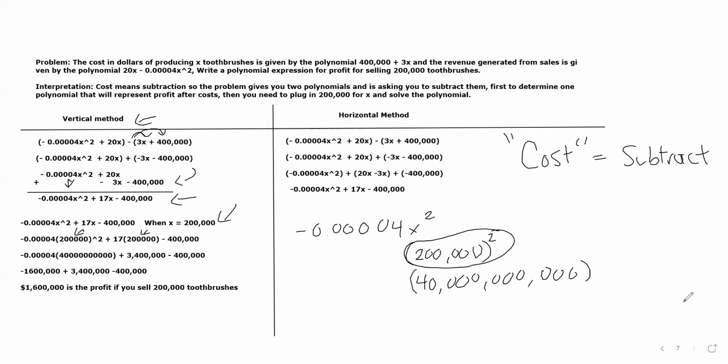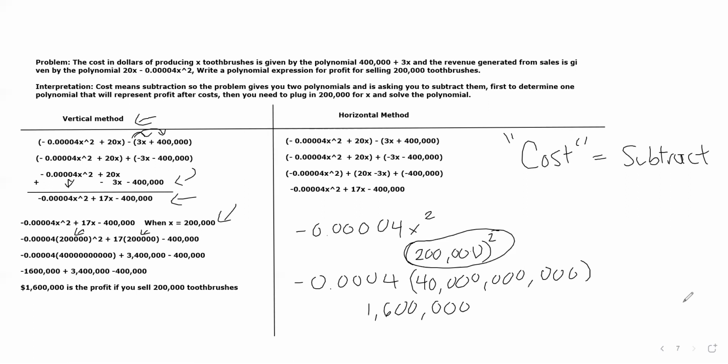And then this whole thing is being multiplied by the negative 0.0004. And because I'm multiplying it by a number that's a decimal and it's less than one, this giant number will be reduced to just what was it? It was 1.6, yeah, 1.6 million dollars. That's where I got that number from.